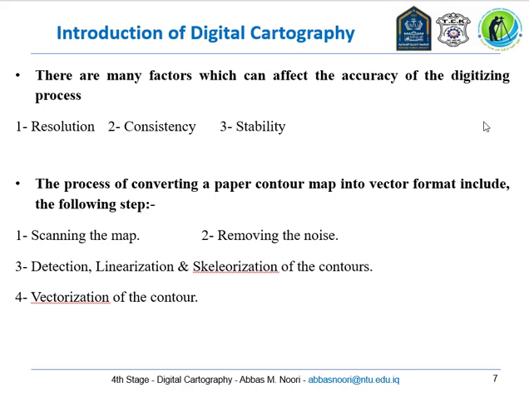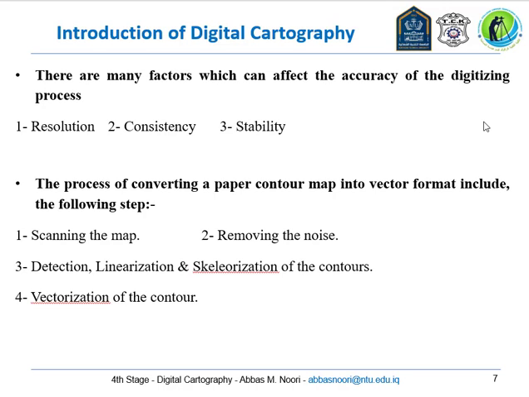Some devices have high resolution when you convert the data to small pixels, while some machines have low resolution and convert the data to large pixels. And consistency and uniformity also depend on the type of the machine and the program, the software you use.